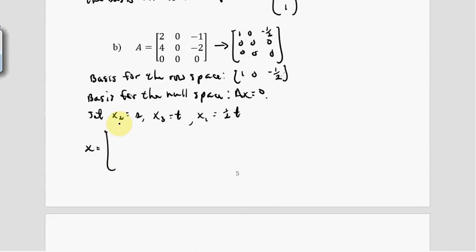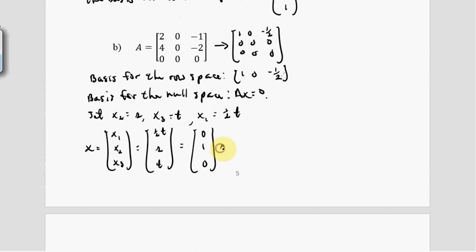So x is equal to x sub 1, x sub 2, x sub 3. Well, x is 1/2 t, x sub 2 is s, x sub 3 is t. I'm going to group that. This is 0, 1, 0, just getting the s's first, plus the t's, 1/2, 0, and 1 times t.